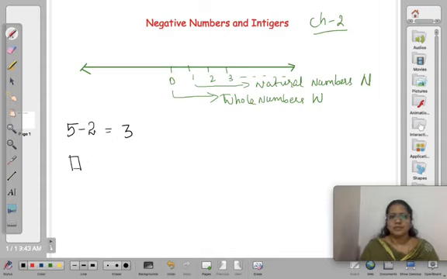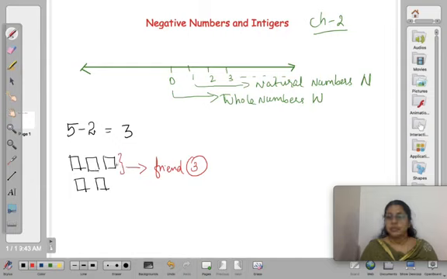Imagine you have 5 chocolates in your hand, and you have to give 3 chocolates to your friend. Then tell me how much is left in your hand. It is very easy to calculate. Total is 5, when you take 3 from it, you get 2. So you can easily say 2 chocolates are left with you.